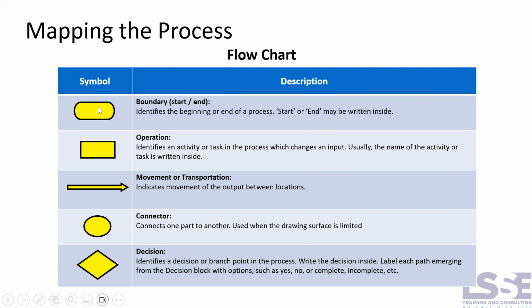You have the start and the end, and the operation. Normally you put the name of the person doing the activity or the activity itself. Then you have the arrow, which indicates the direction. Then the connector, and then the decision. The diamond is used for a decision. I think with these five symbols, you can already do a flow chart.